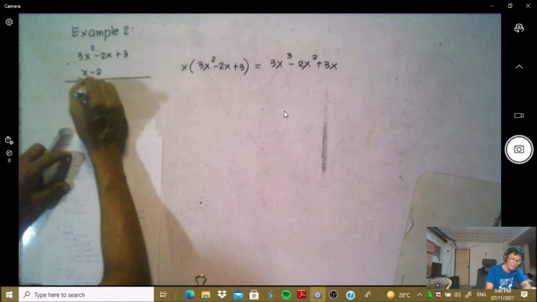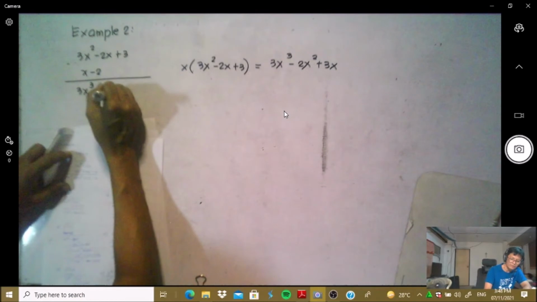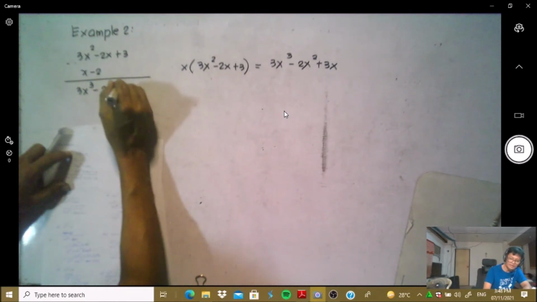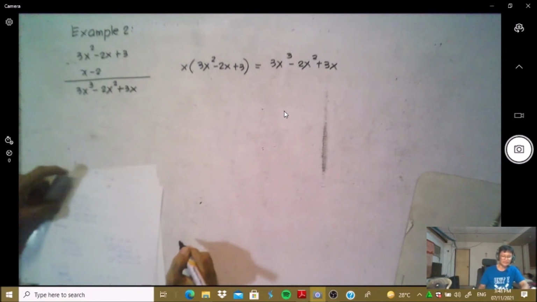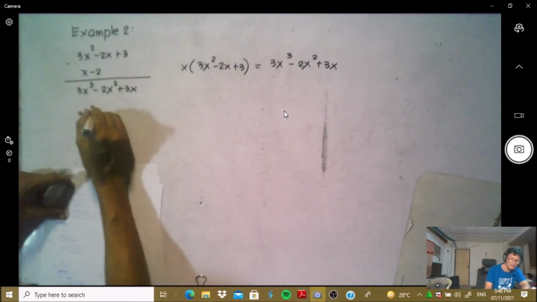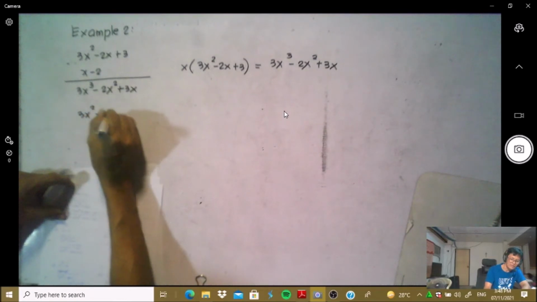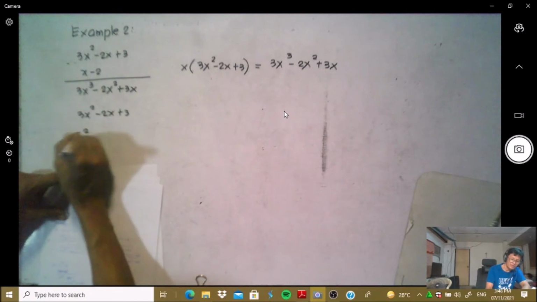So we will have here 3x cubed minus 2x squared plus 3x. Then next we are going to multiply 3x squared minus 2x plus 3 with negative 2. Okay?